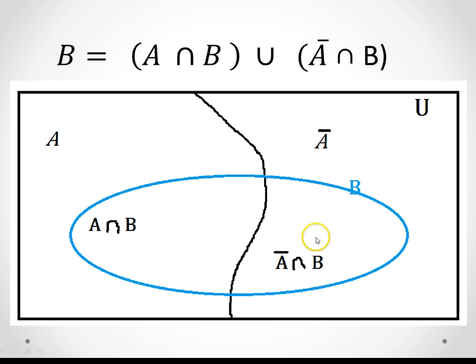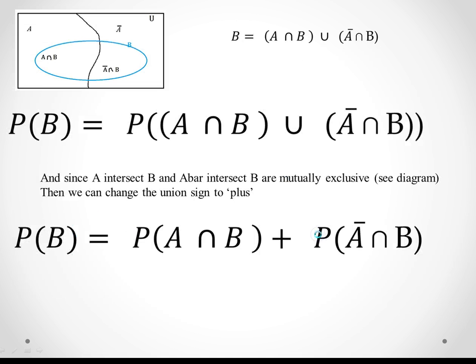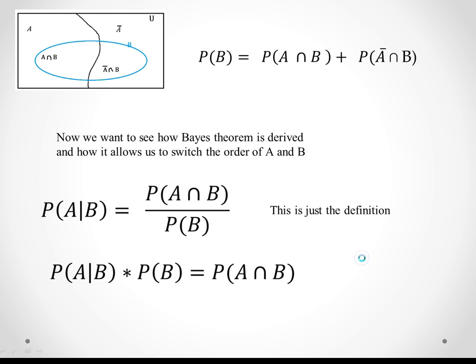So they're disjoint, or mutually exclusive. When they are disjoint, you can change the probability of a union into the probability of the first one plus the probability of the second one. So that turns out to be useful.